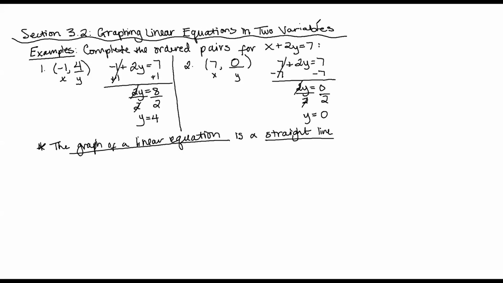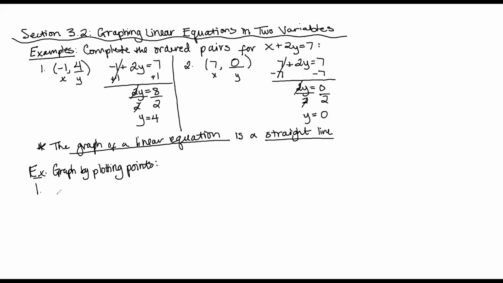All right, so let's go ahead and look at some examples where we start graphing. So for this example here, we want to graph by plotting points. And actually we do have 2 different examples here, sorry.